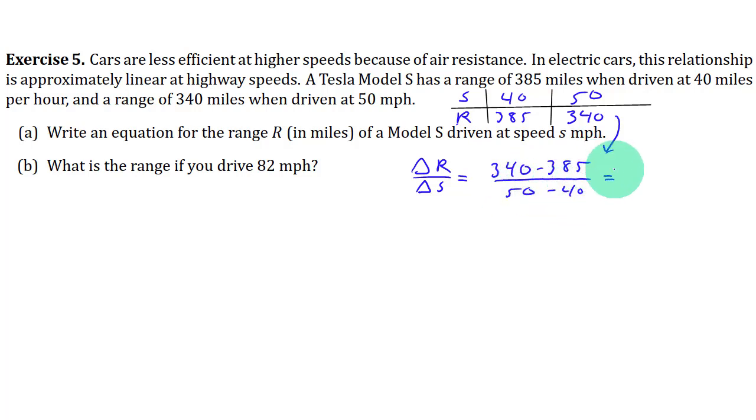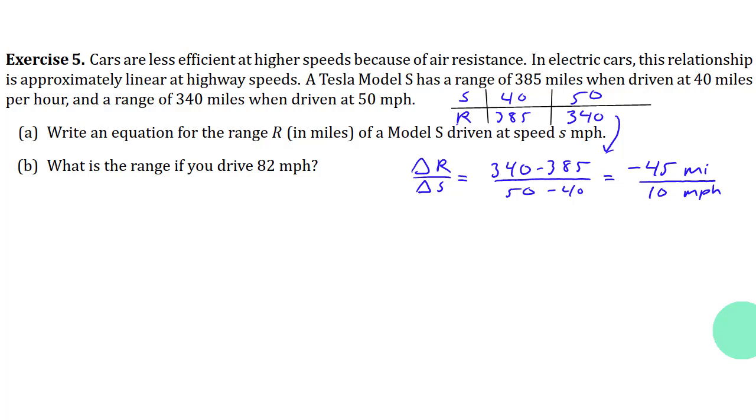And that is negative 45 miles, a change in the range on the top, divided by a change of 10 miles per hour. So going 10 miles per hour faster means that the total distance the car is going to be able to go is going to go down by 45 miles.